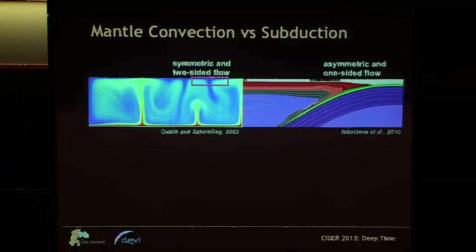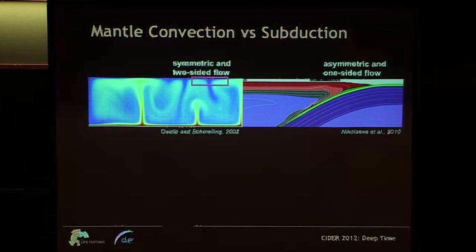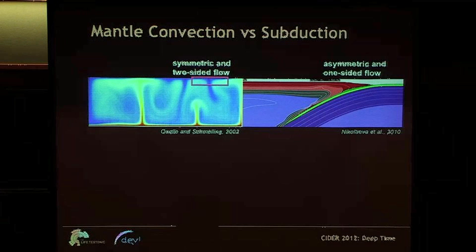Okay, so this box here is about the size of that area we zoomed in, and so the major issue has been that this is not really a model of subduction. They're distinctly different things, and they tell you about different things. So depending on what you want to know, you would either use a mantle convection model or a subduction model.